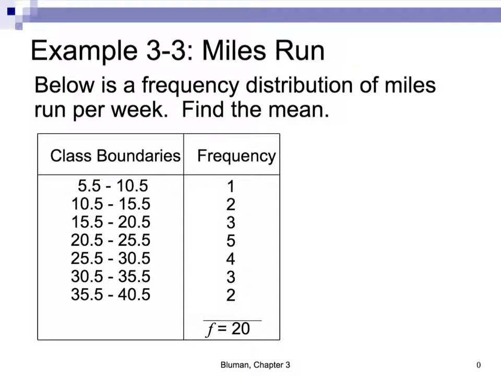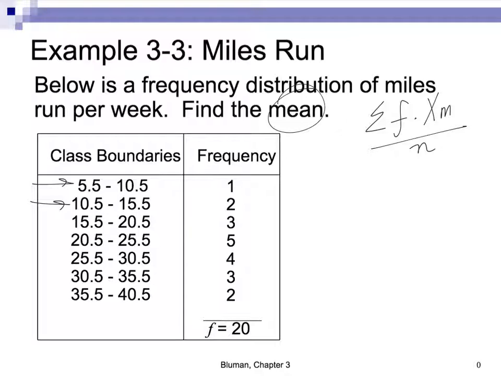For instance, if I wanted to find the mean given this group data, again, I would use the same formula. Okay, the very first thing I would want to do is find the midpoint. So I'm going to find the midpoint for each one of my classes.